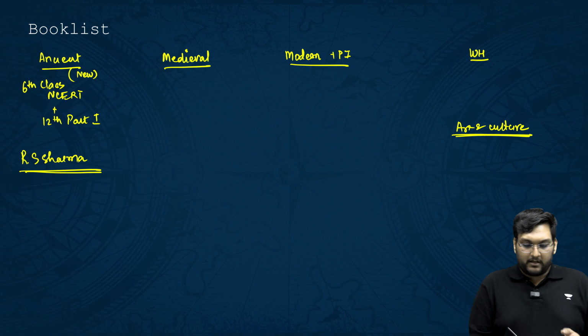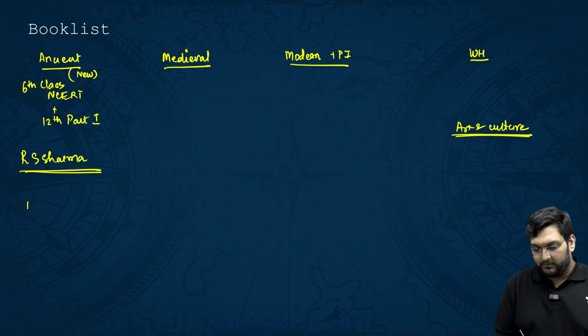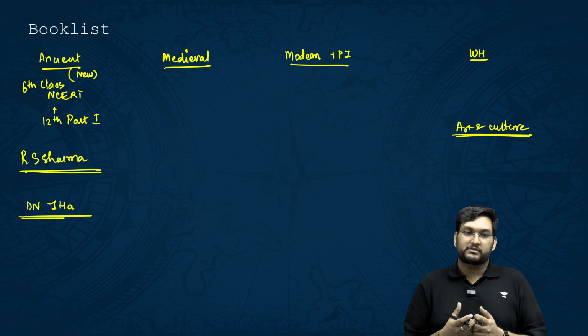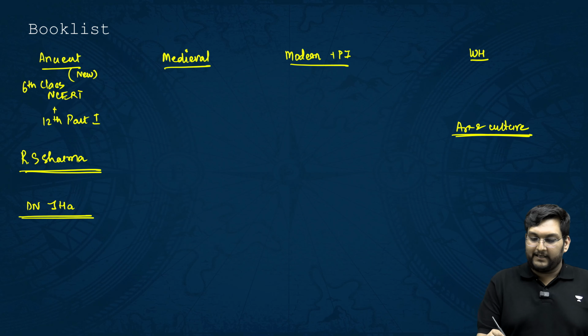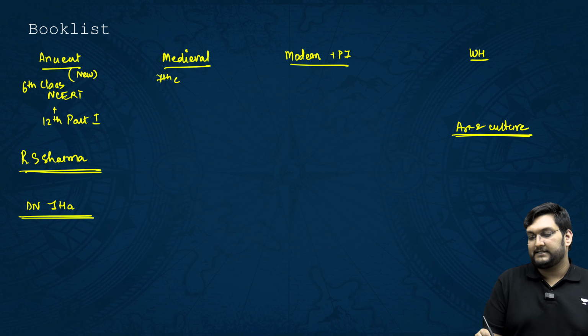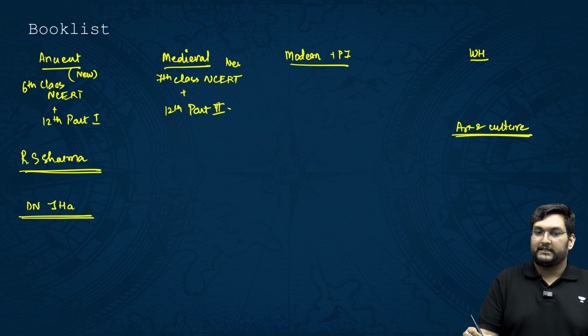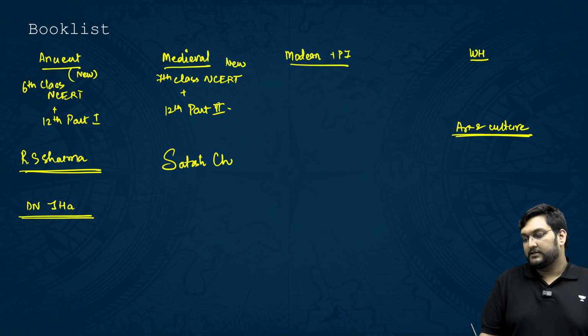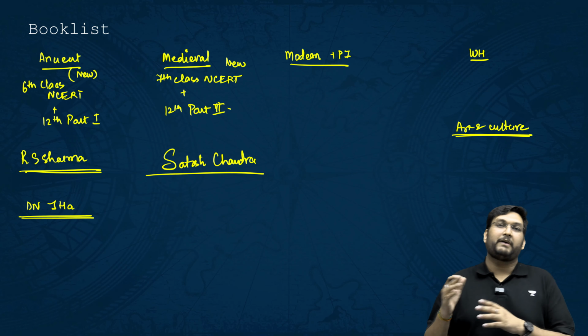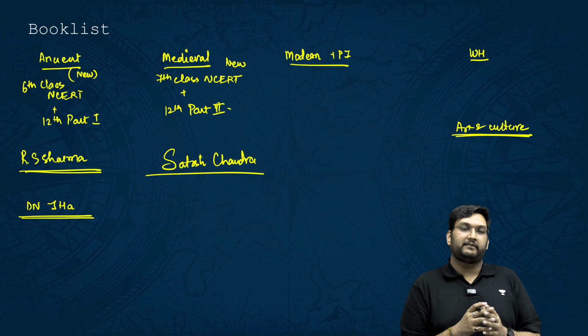NCERT plus R.S. Sharma; if you want to add D.N. Jha, sure, but that is again increasing the number of books in this section. Medieval is 7th class NCERT plus 12th class part 2, wherein again new NCERT. Then here we have a very good book which is Satish Chandra. Satish Chandra, you can use the part 1, part 2, or you can use History of Medieval India.